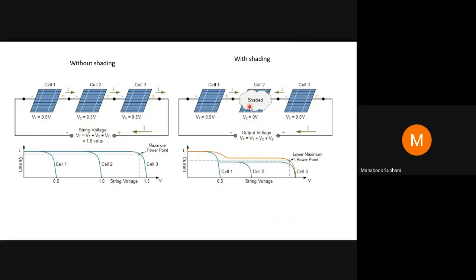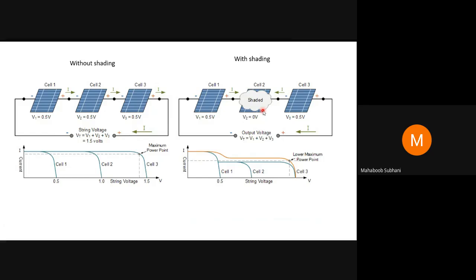Rather than generating or acting as a semiconductor, it now behaves like a semiconductive resistance. Now it is resisting the current. It is not allowing the current to pass through that cell. Now what happens when it behaves like a semiconductive resistance? There is a drop in the total energy produced by the panel.